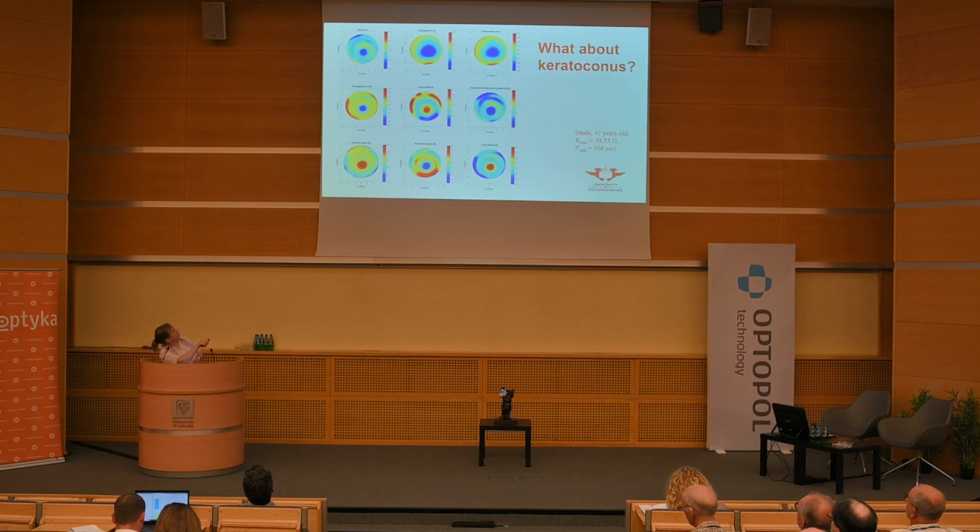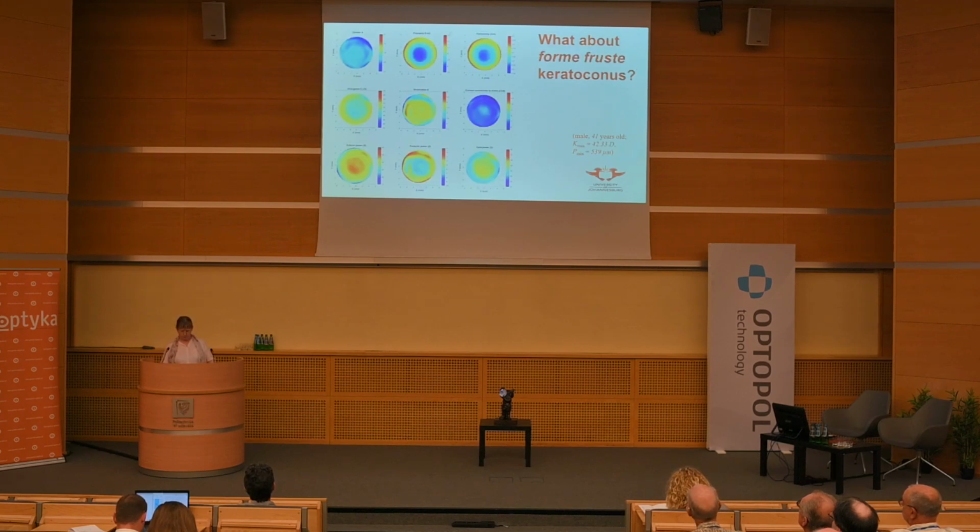We've got pachymetry, we've got CCS, anterior surface to compare to A, posterior surface to compare to D, total power compared to C, and pachymetry compared to B. And similarly for form fruste, anterior power and CCS compared to A, pachymetry and B, back surface power and D, and total power and C.